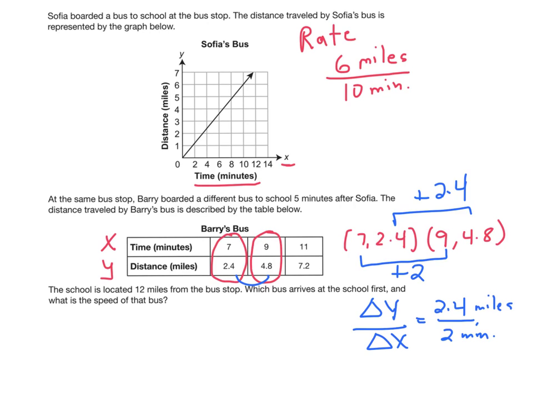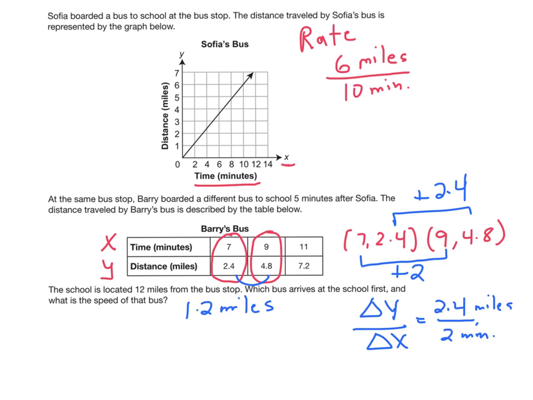Well, so which one's going faster? The question that we're really trying to figure out is, there's 2 parts to it. If the school is located 12 miles from the bus stop, which bus arrives at school first, and how fast is that bus going? Well, 2.4 miles in 2 minutes is really the same as 1.2 miles per minute.